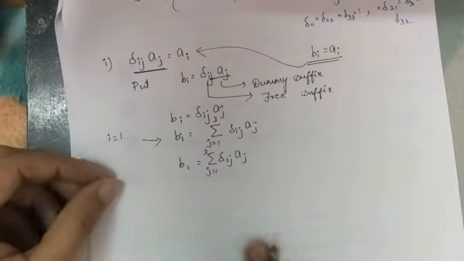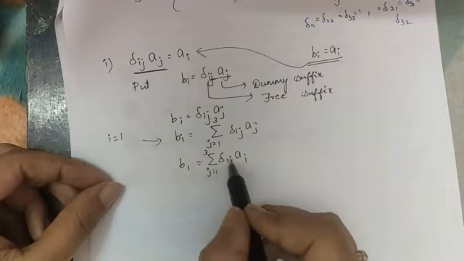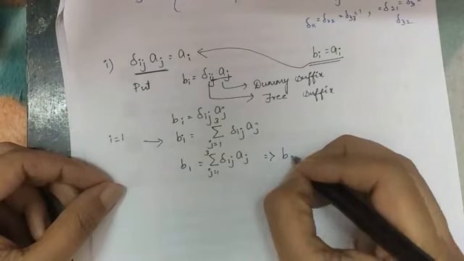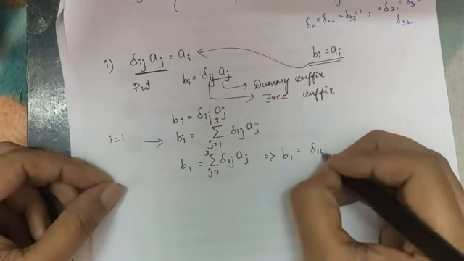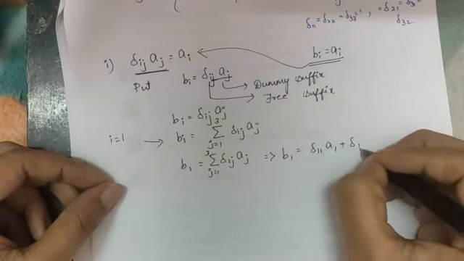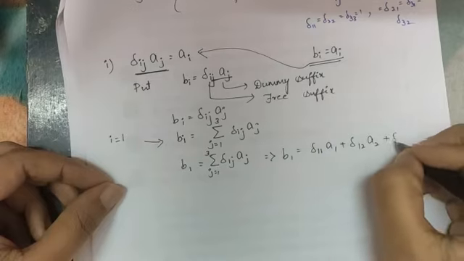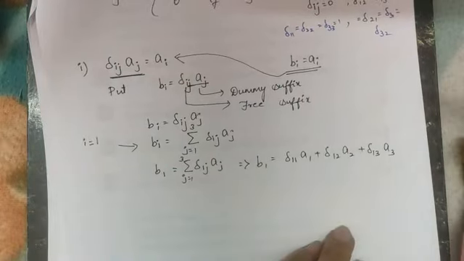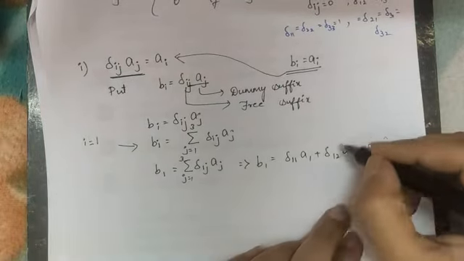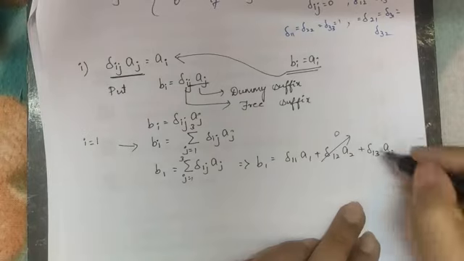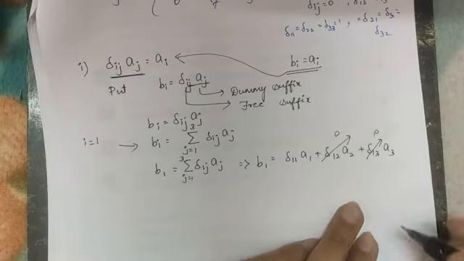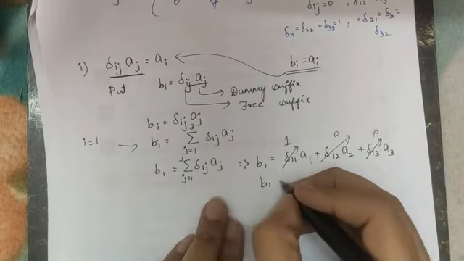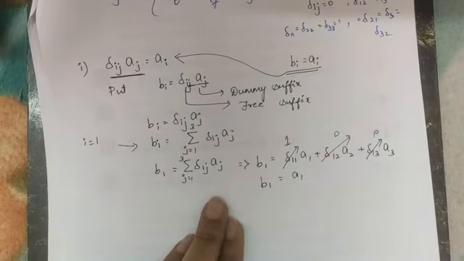Summation j is equal to 1 to 3 delta 1j aj. This is nothing but b1 is equal to delta 11 a1 plus delta 12 a2 plus delta 13 a3. So we know from the definition of delta ij symbol, delta 12 is 0, delta 13 is 0, whereas delta 11 is 1. So you will get b1 is equal to a1, right?